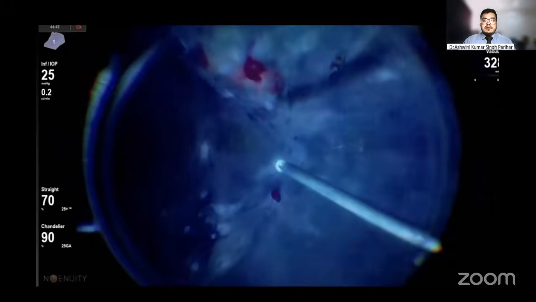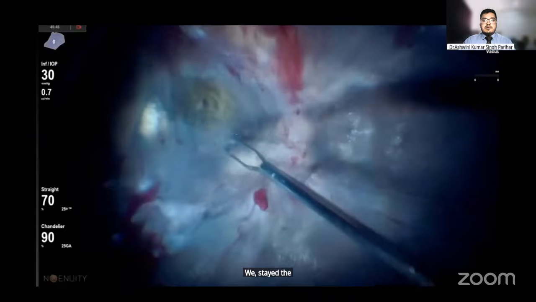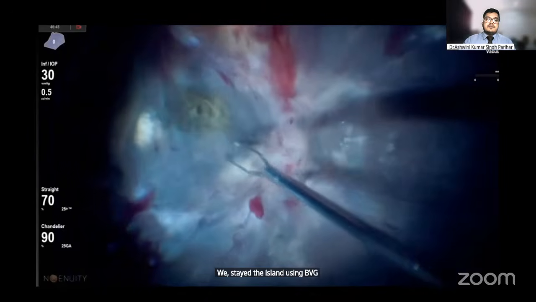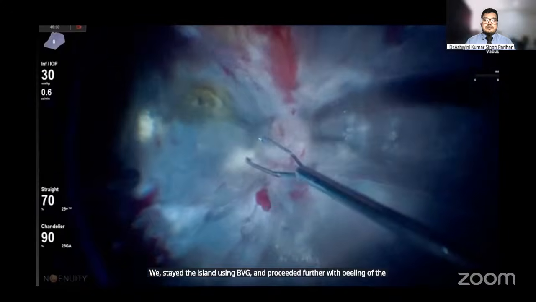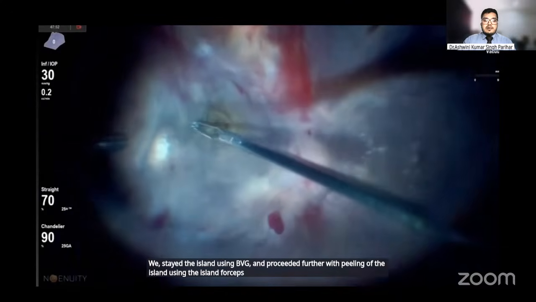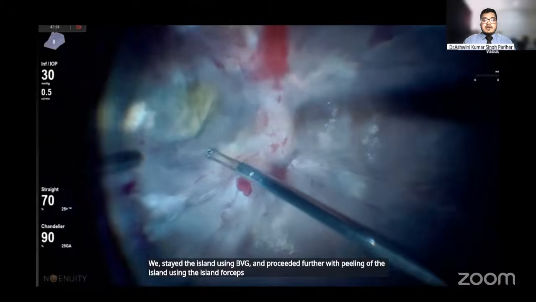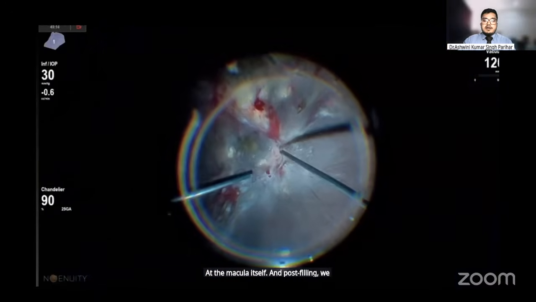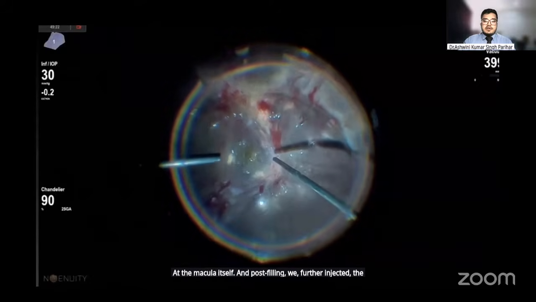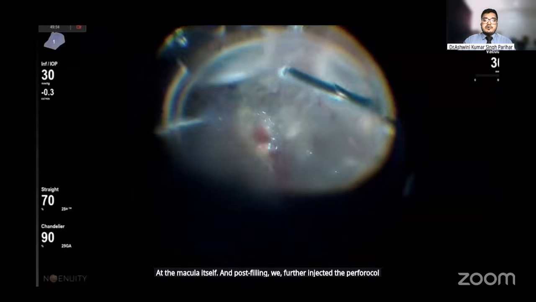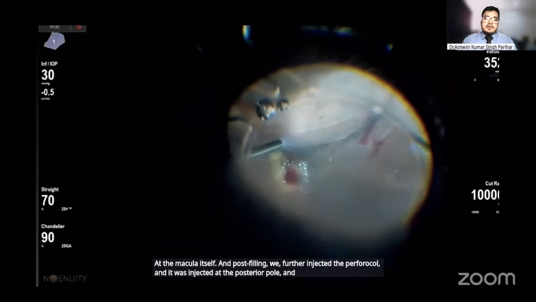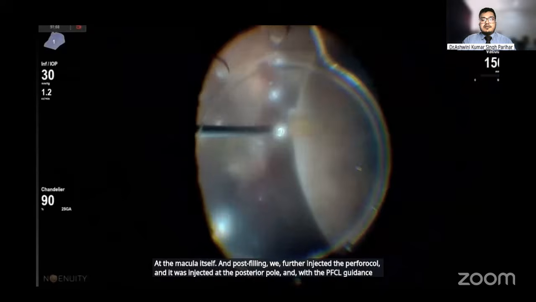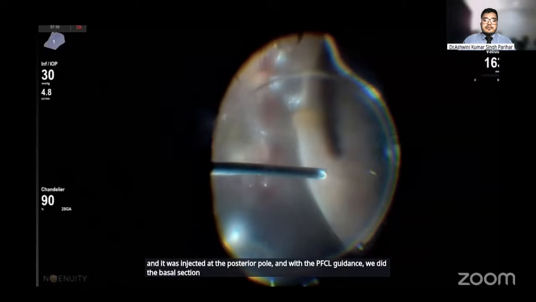Post the removal of the peripheral traction, we stained the ILM using BBG and proceeded further with peeling of the ILM using the ILM forceps at the macula itself. And post peeling, we injected the PFCL at the posterior pole. With the PFCL guidance, we did the base dissection in all the quadrants.